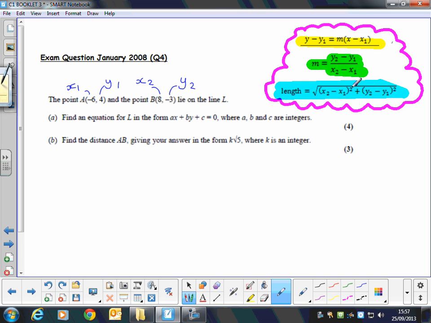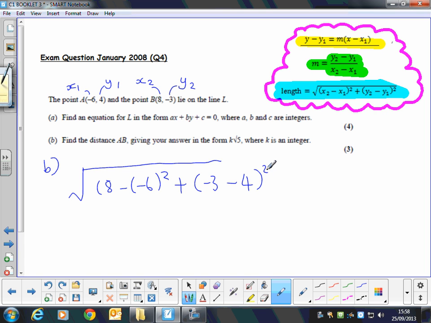Now if I use this, I'm going to have the square root of x2 minus x1, all squared. So I've got x2, which is 8, minus x1, which is minus 6, all squared, plus y2 minus y1, all squared. So I've got y2, which is minus 3, minus y1, which is 4, and then all squared. I've got 8 minus minus 6. 2 minuses give me a plus, so I've got 8 plus 6, which is 14.